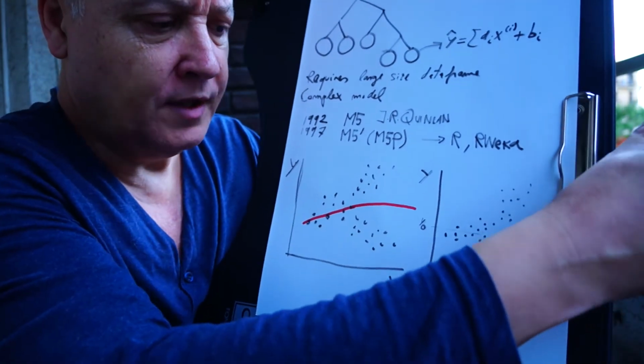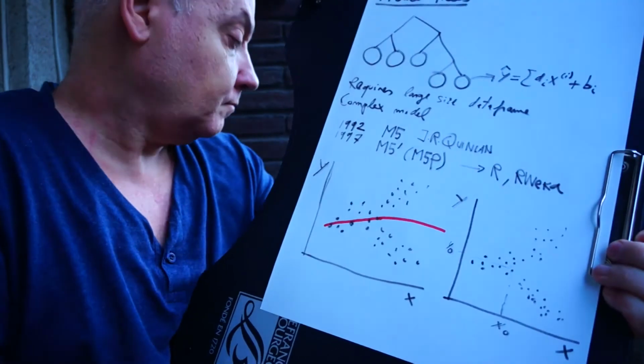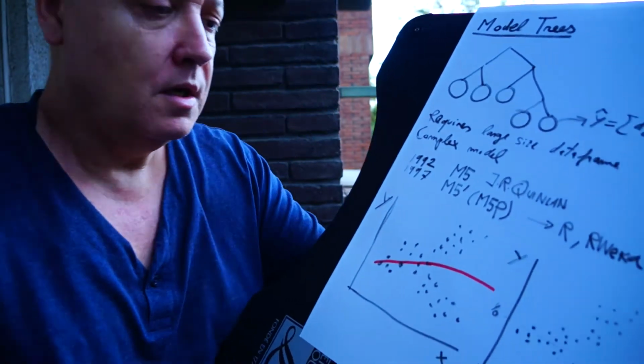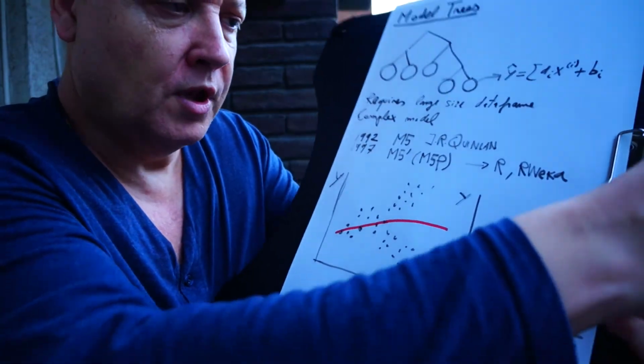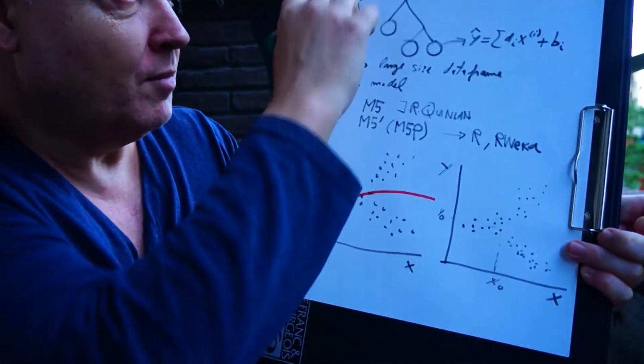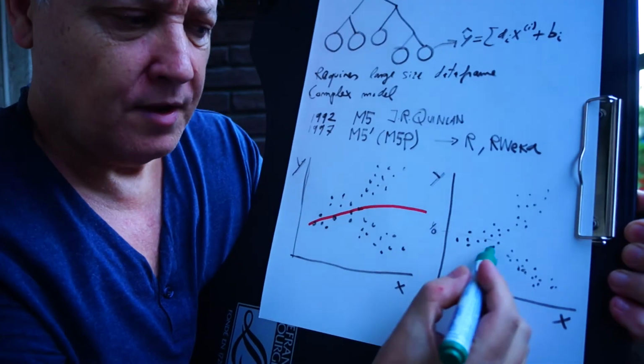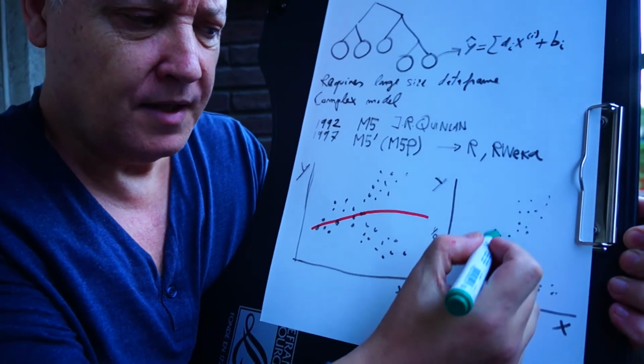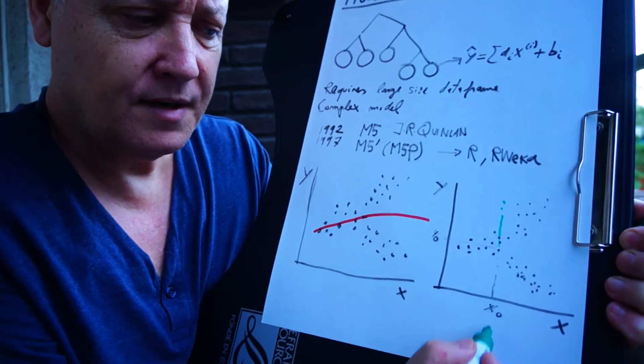So you could build a model as a model tree in a way where you start dividing by this line here.